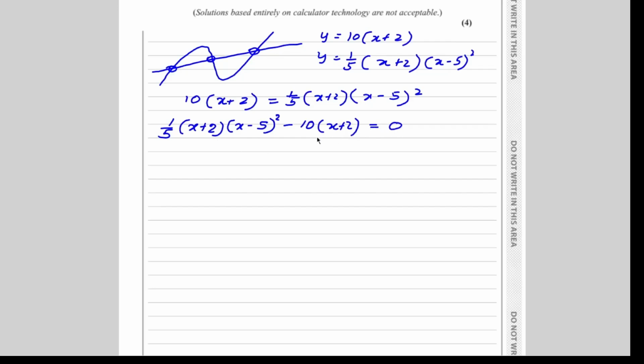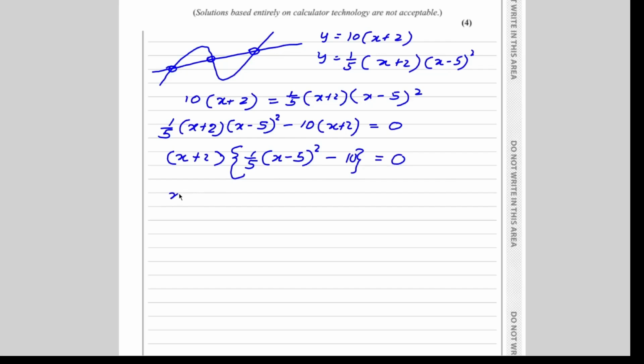Now, if you cut that way, you are missing out one solution. Therefore, I am factorizing. Can you see x plus 2 is common? I'm taking it out as a common factor. Then 1 over 5 times x minus 5 squared is common here, minus 10.